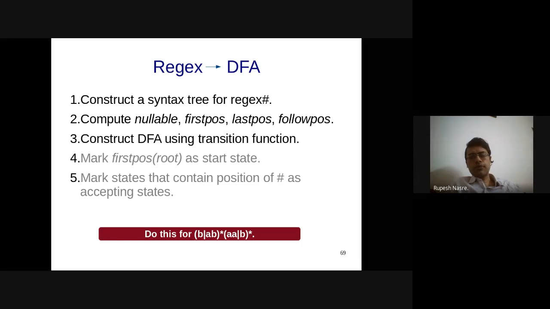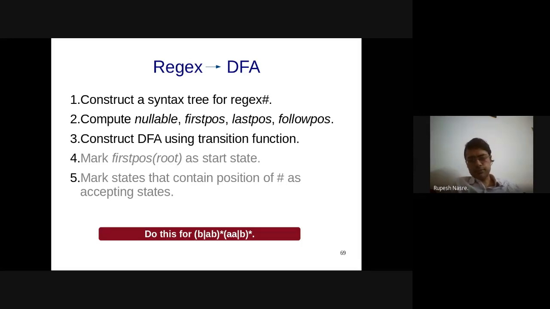So the last pause of root will be the sharp sign. If you assume that, the last pause of that dot should be the sharp sign. That seems to be fine. Last pause of the root node should be the sharp sign.